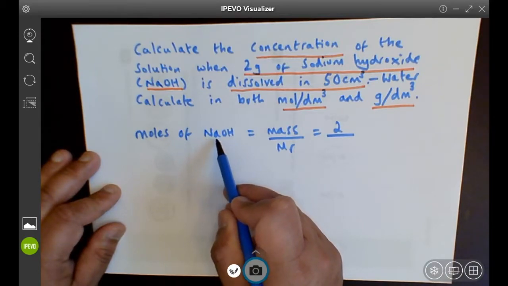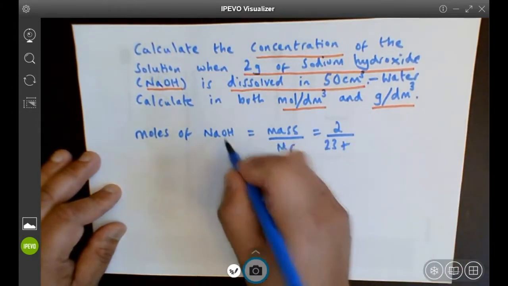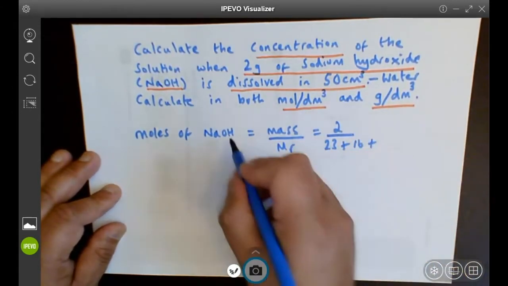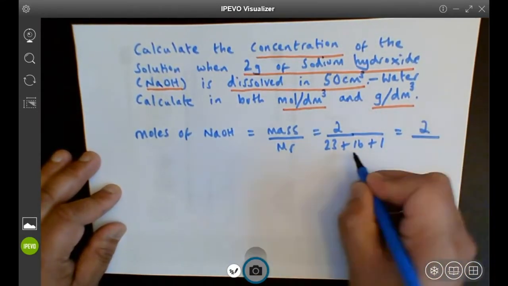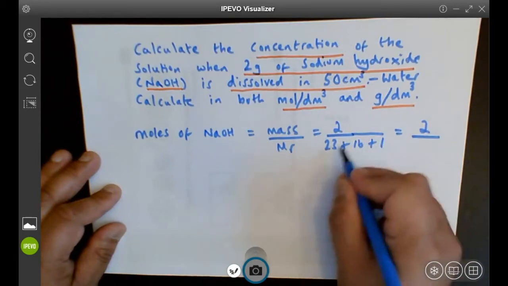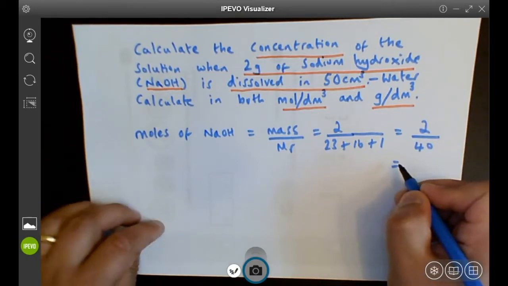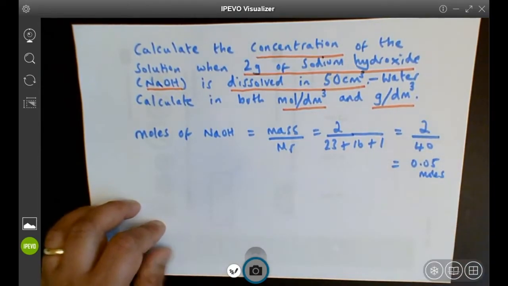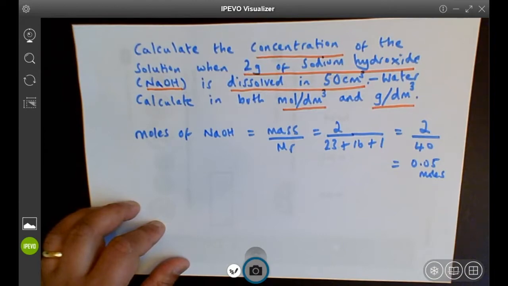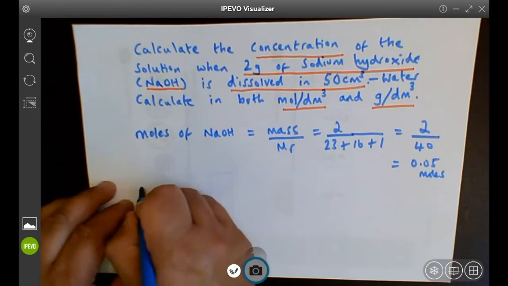So the relative atomic mass of Na, which is sodium, is 23, oxygen is 16, and hydrogen is 1. And then that is 2 divided by the sum of all the atomic masses of sodium hydroxide, which is 40, and that therefore is equal to 0.05 moles. Okay, so we've worked out the number of moles of sodium hydroxide.